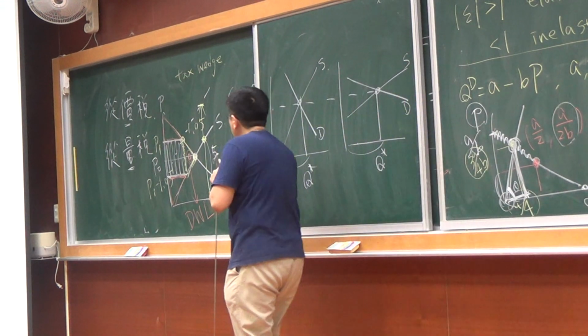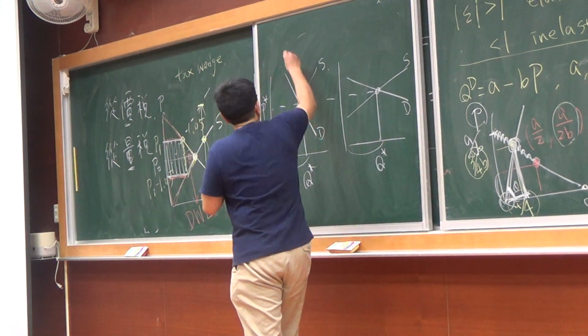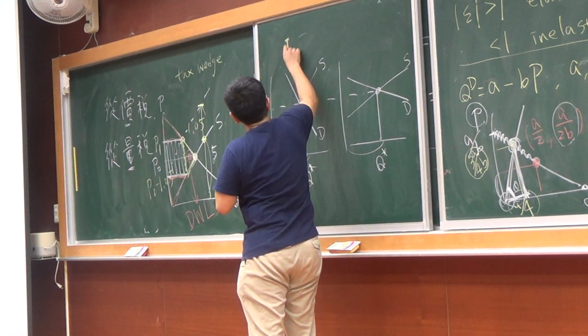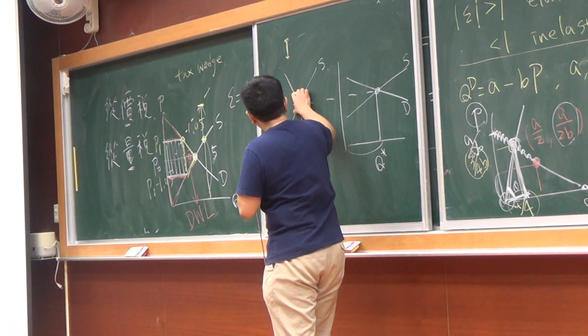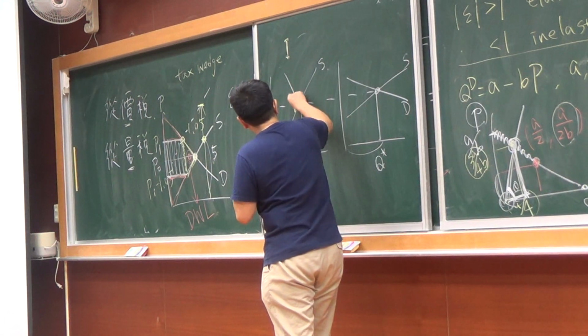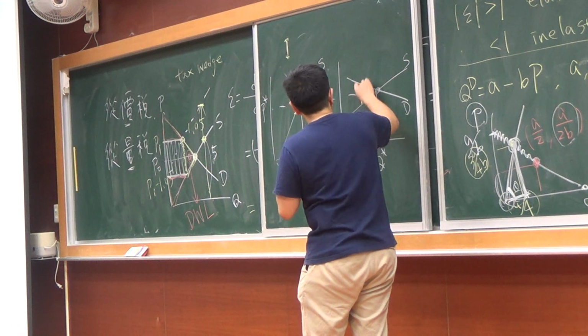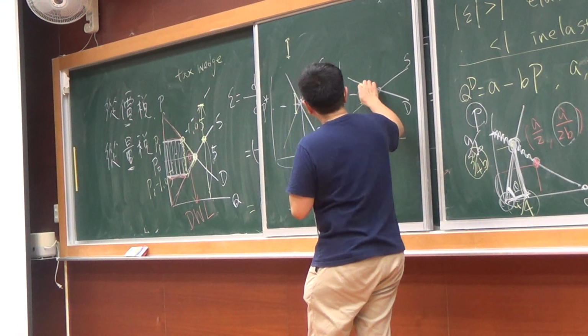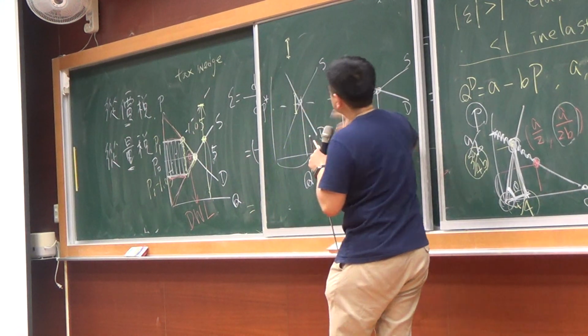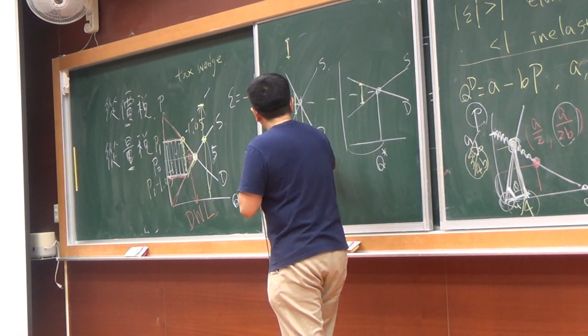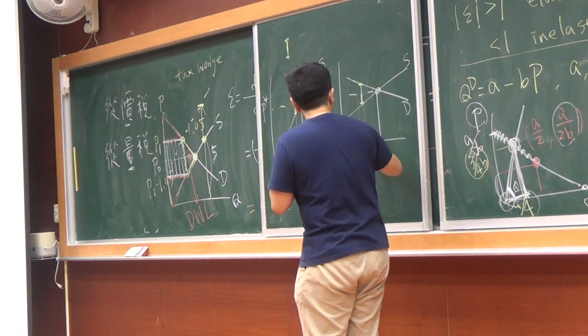And now with the same size of the tax, we put it here, and we put it here. So they are the same size. And the effect will be different.